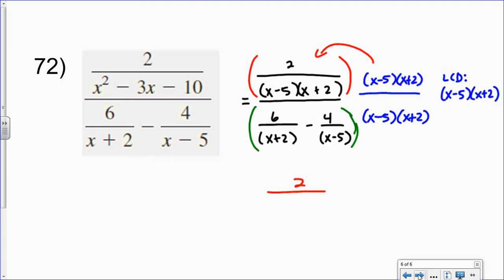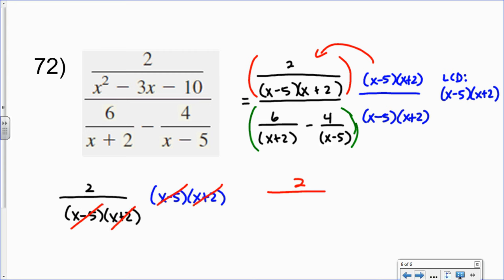Okay. So here, let me write out. So if you wanted to show that multiplication or that distributing, this is what you're doing. I'm going to erase this so we don't get confused on where it goes. So I'm doing this times this. All right, so all of those cancel, so 2 over 1 is 2.